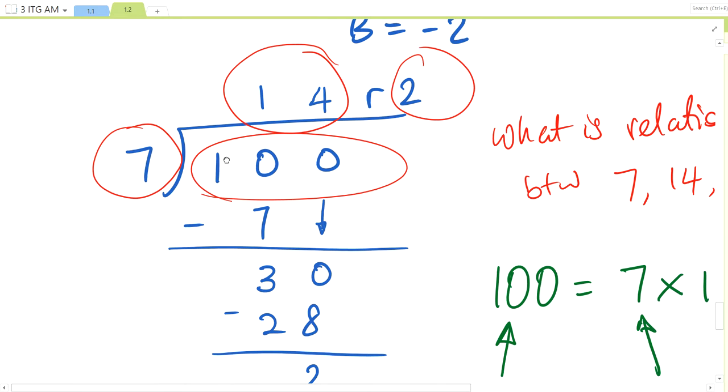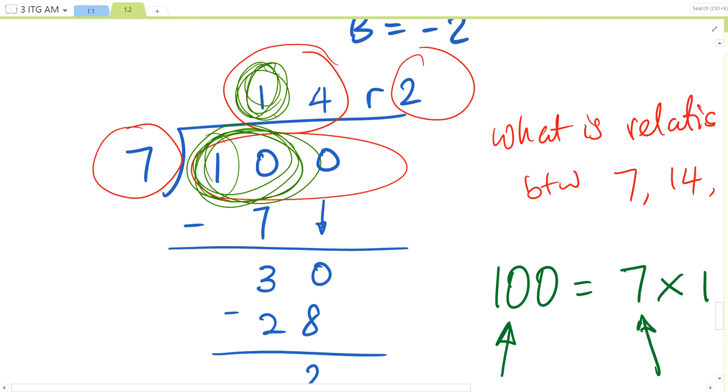I tried to divide 1 by 7, but I couldn't. So I combined the next two numbers, 1 and 0, and I divided by 7. This time I could do it, and I found the value 1. 1 times 7 is 7, which is just smaller than 10. That is the reason why I chose 1 over here.